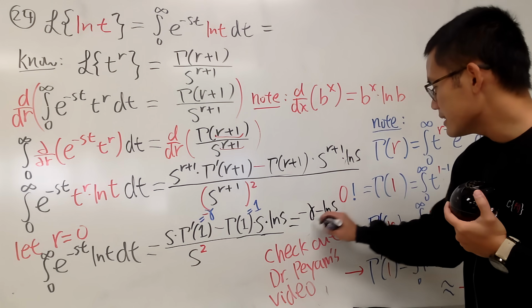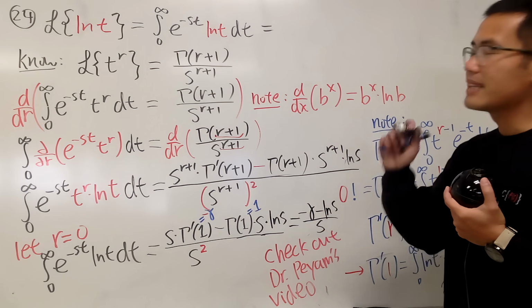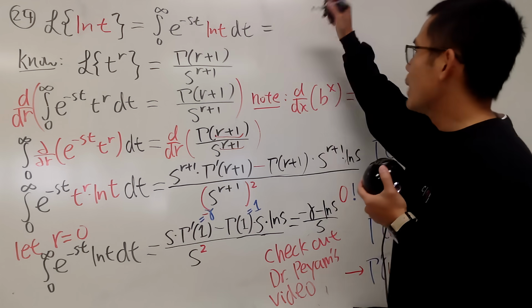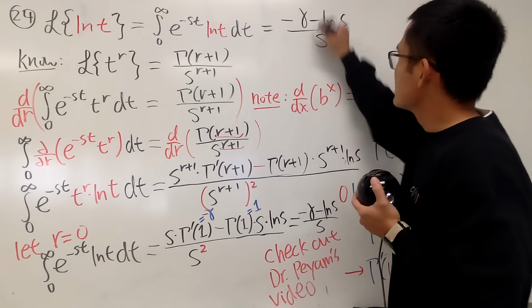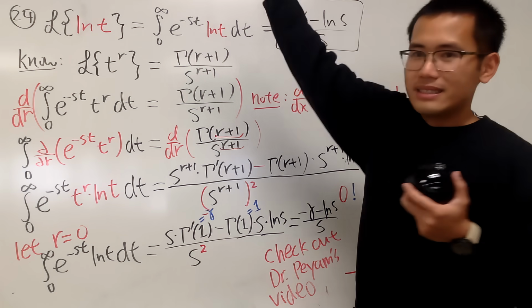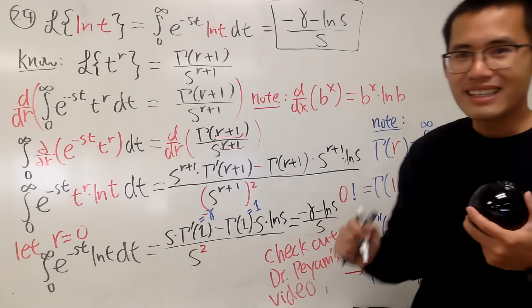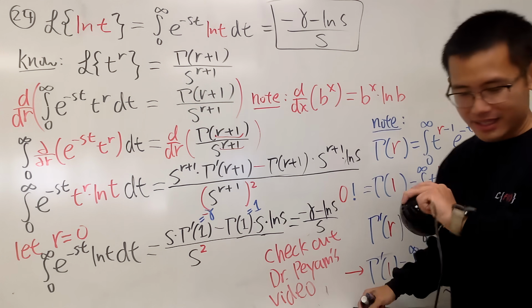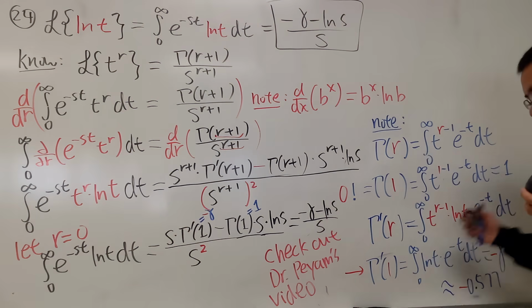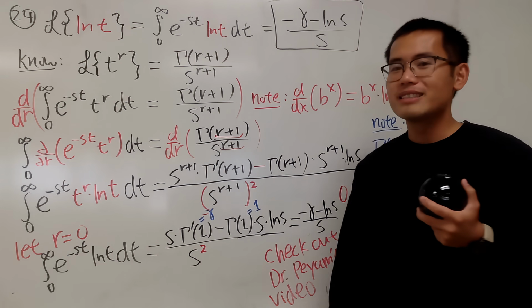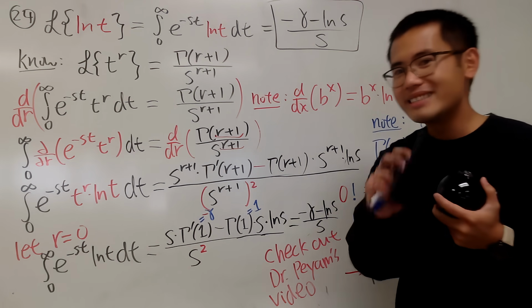So it's minus ln s all over s, like that. Whew! So already done. Negative gamma minus ln s all over s, like this. Done. Not so bad. All right, so this right here is it. 24 Laplace transforms for you guys.